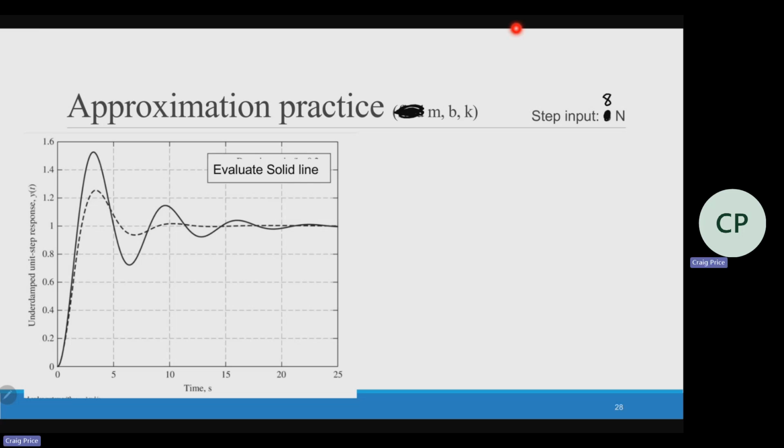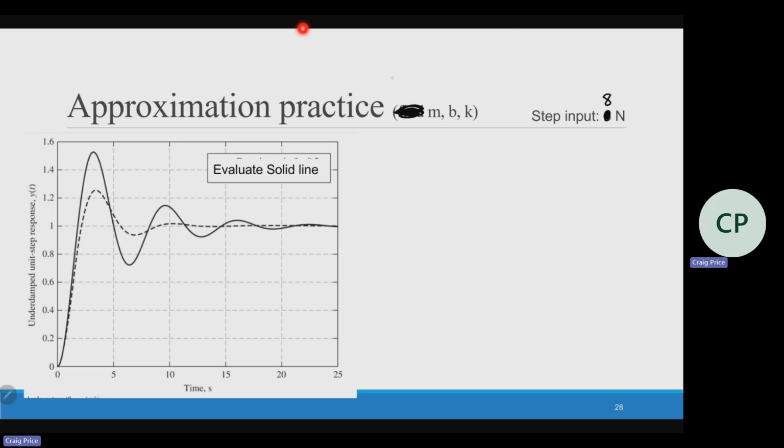What would another method be? Zeta, damping ratio, frequency. Yes. So, how about this?